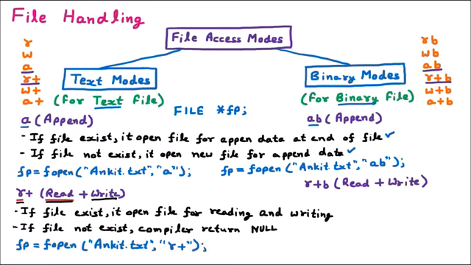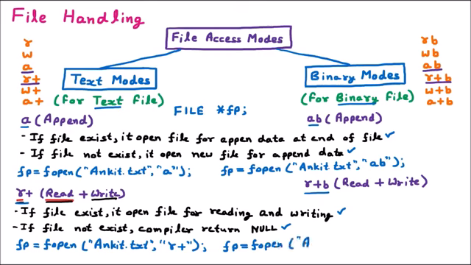Now corresponding to r+, we have r+b, which is for read plus write of the binary file. Here also, if the file exists, it opens it for reading and writing, and if the file does not exist, the compiler will return null. In C programming, we use file pointer fp equal to fopen.